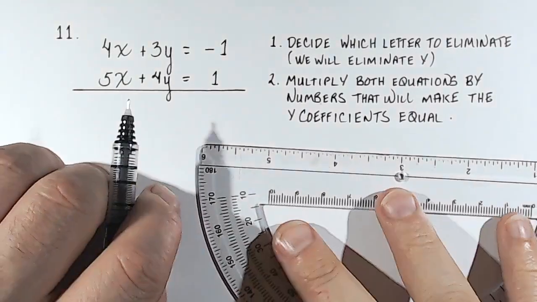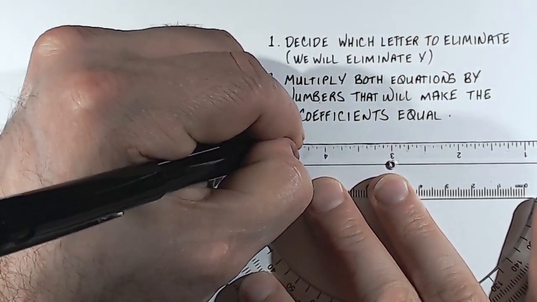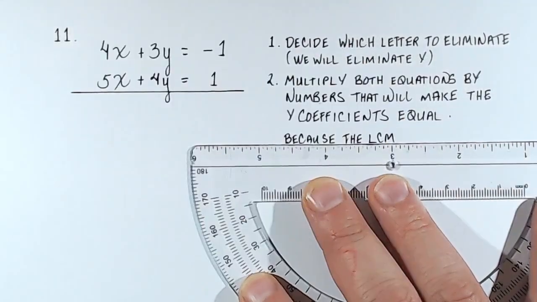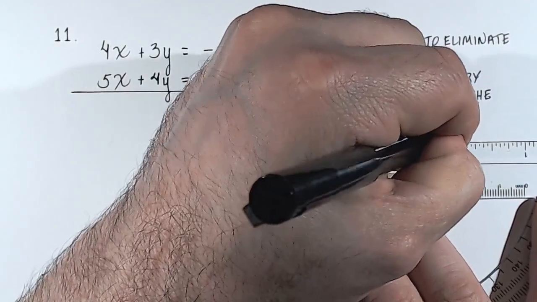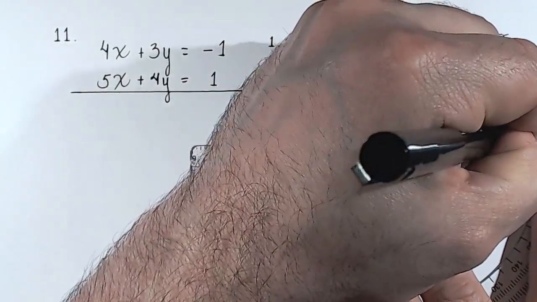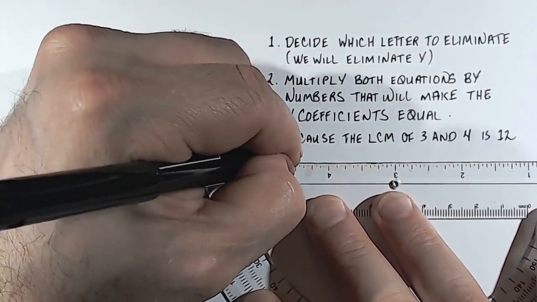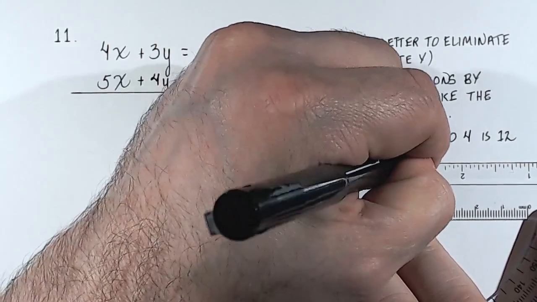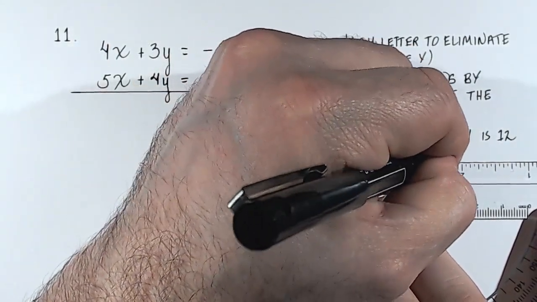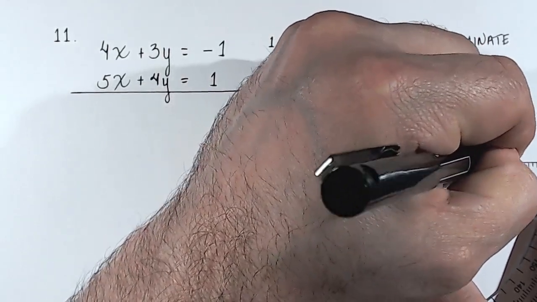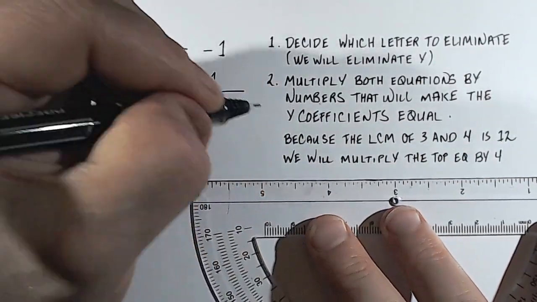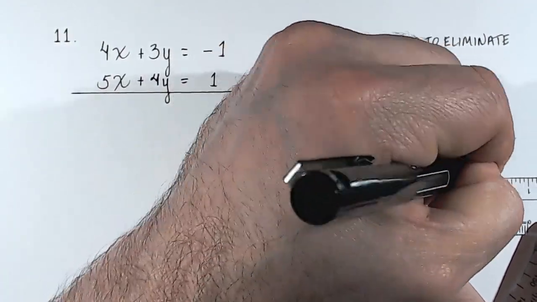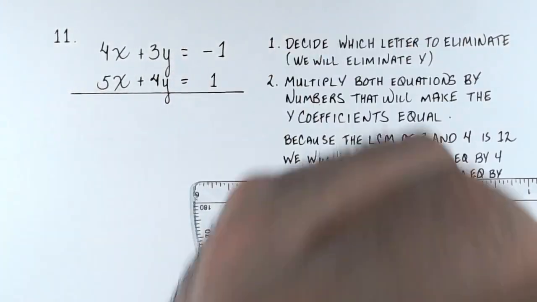All right, so because the LCM, least common multiple, of 3 and 4 is 12, we will multiply the top equation by 4, okay, and we will multiply the bottom equation by 3.